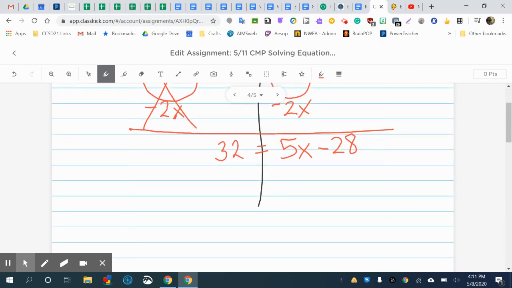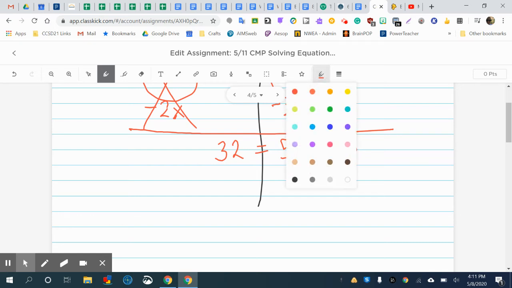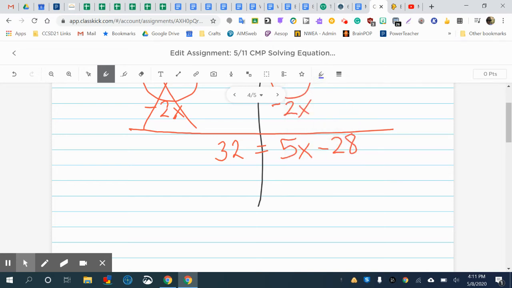Next step, I need to get rid of that 28 because again, I'm trying to get that x by itself. I'm going to switch colors. So right now, notice that this is a negative 28. So to move it, I need to do the opposite, which is add.